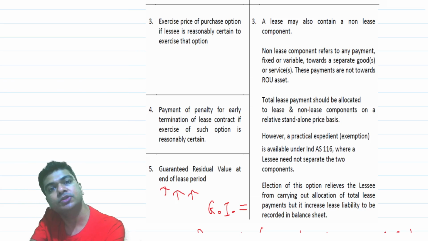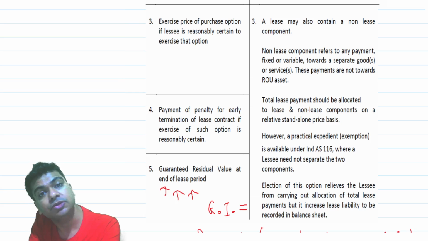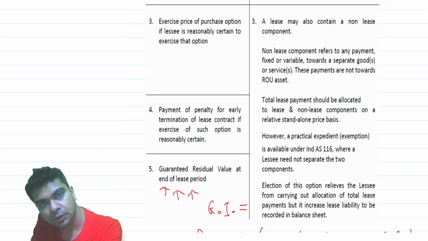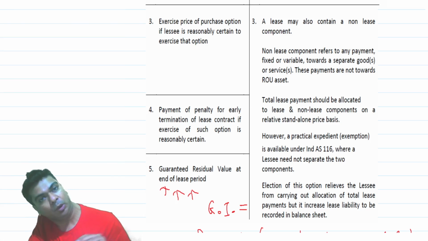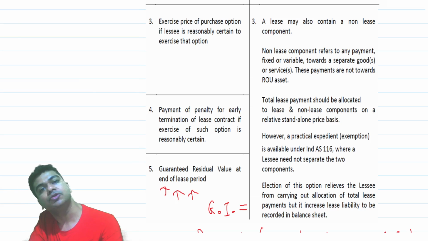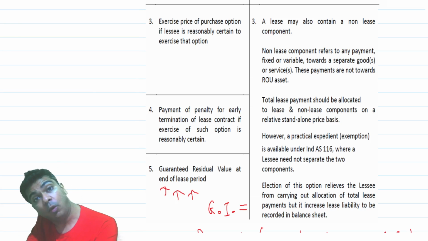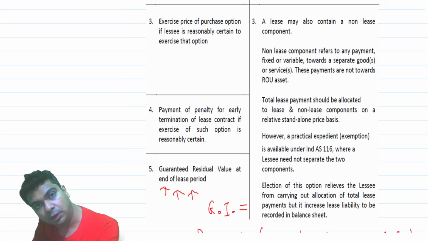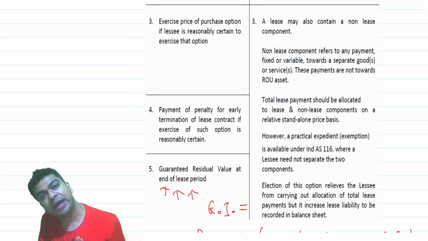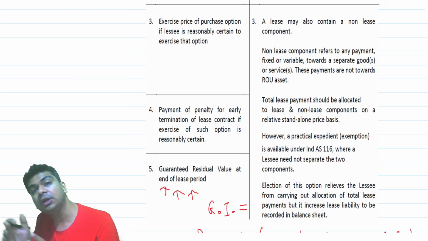You can use the asset and I will also provide the maintenance service. So when lease rent is paid, the lessee is paying towards the asset, the lessee is also paying towards the maintenance. Whatever you are paying for the asset is a lease component. Whatever you are paying for maintenance is a non-lease component. So you are supposed to carry out an allocation of the total lease payments.